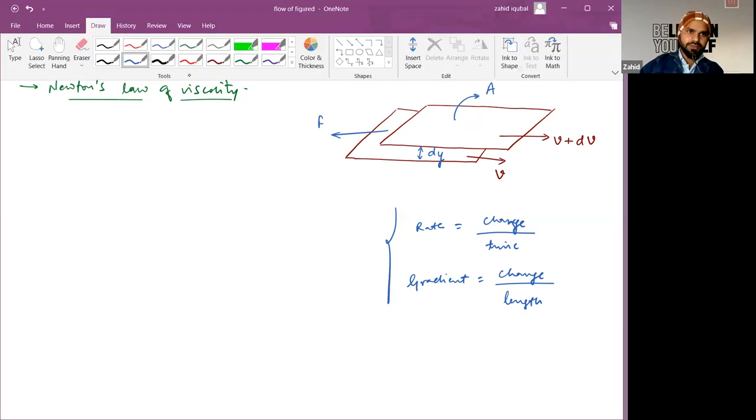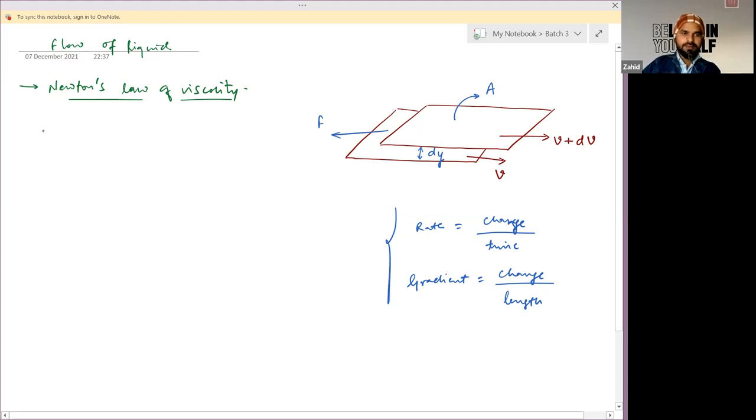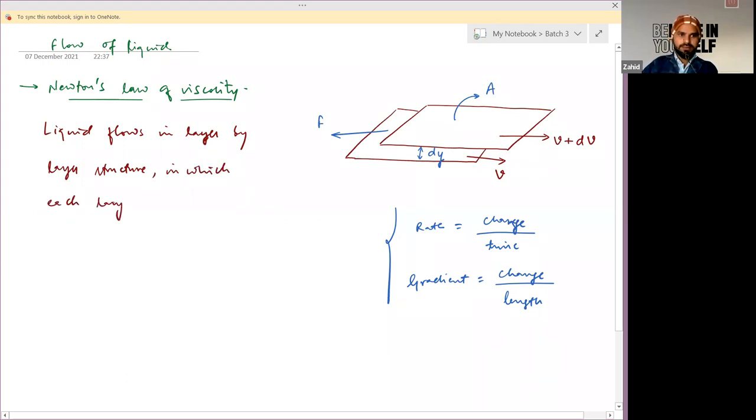So let me define Newton's law of viscosity. Liquid flows in a layer by layer structure in which each layer opposes its neighbor by a force called viscous force.